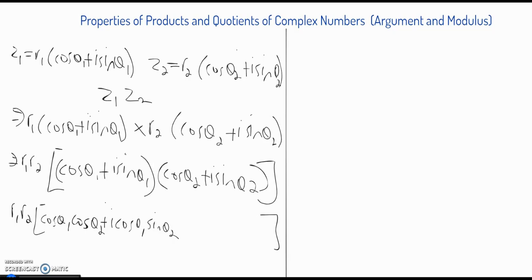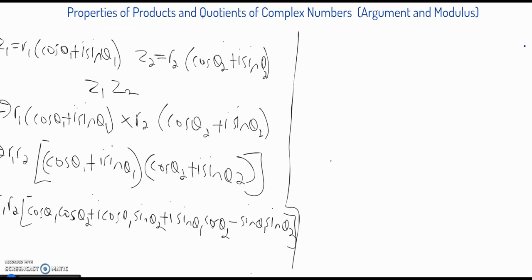It is going to multiply everything in the second bracket. So I'm going to have plus I sine theta 1 cos theta 2. And then of course we're going to have I sine theta 1 times I sine theta 2. Now of course I times I is I squared, which we know is going to be negative 1. So let me get some more space here. So this is going to become minus sine theta 1 sine theta 2.